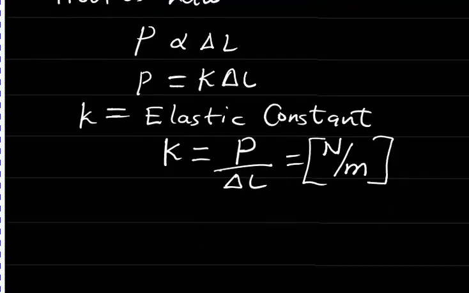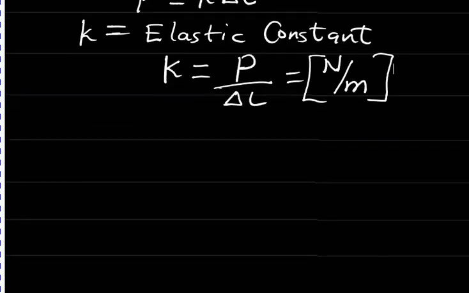By the way, delta L is the increase in length, which is the final length L2 minus the original length L1.